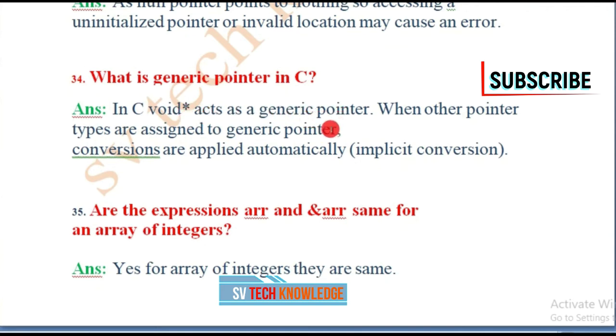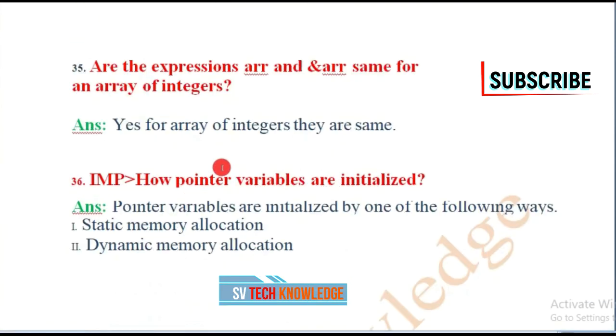When other pointer types are assigned to a generic pointer, conversions are applied automatically, called implicit conversion. Are the expressions arr and &arr the same for an array of integers? Yes, for an array of integers they are the same.